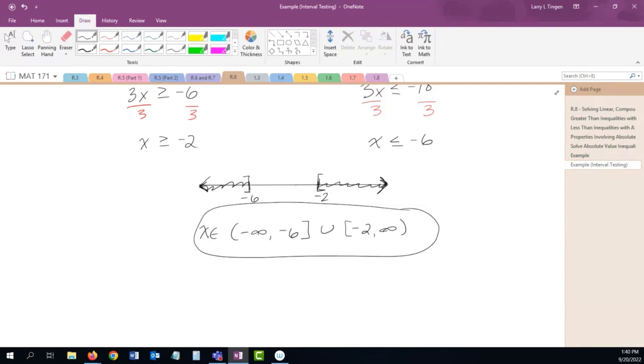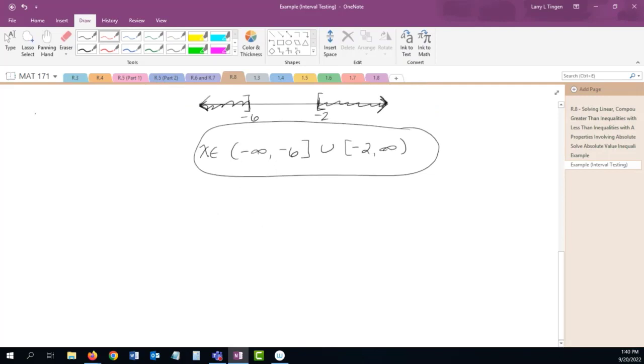And if I have a number greater than negative 2, it is a solution. So we can do a check of our intervals to see if we're right. So this left-hand side, I'm going to pick a number in there, I'm going to pick negative 10. And based on our answer, negative 10 is in the solution set.